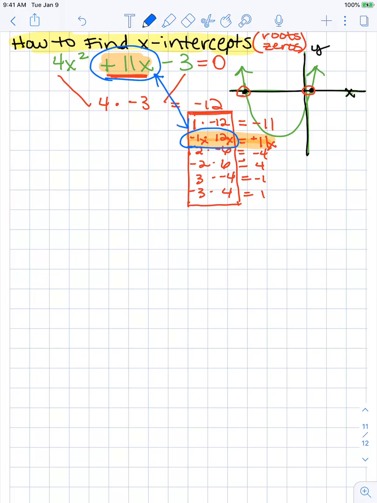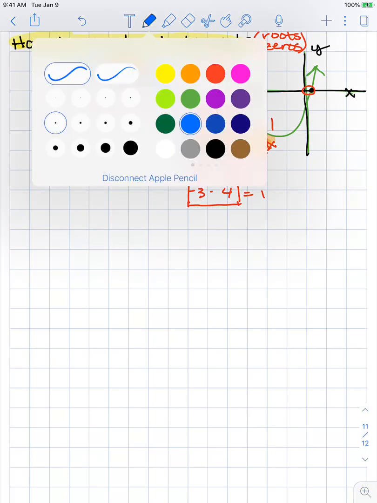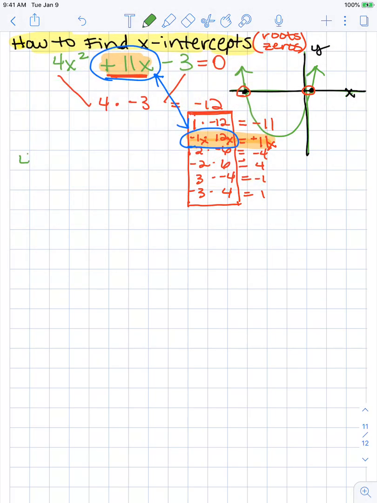I'm going to rewrite my 4x squared, my negative 3, and my equals 0. That all stays. And where I swap it out, I'm going to put in my negative 1x and my positive 12x instead of my 11x. And now that I've done this, I can factor this by grouping.